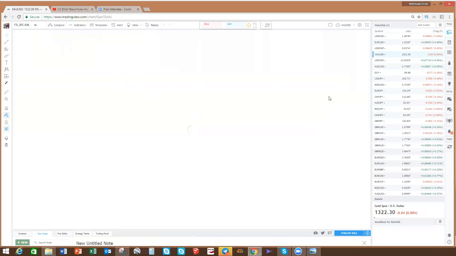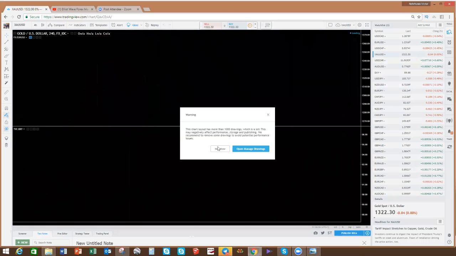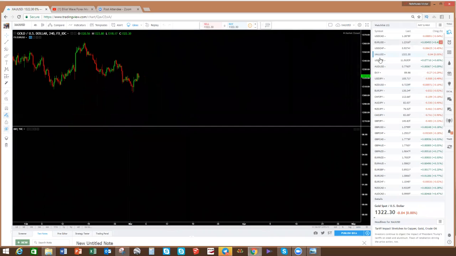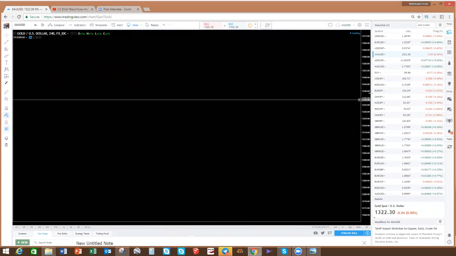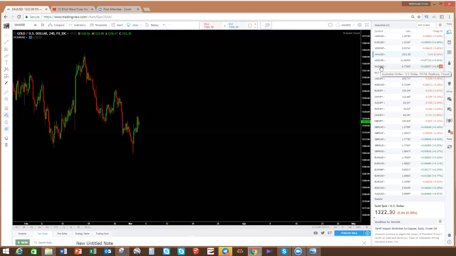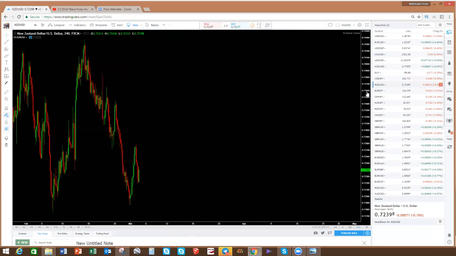That's New Zealand US dollar. I'm going to take off the dollar index here. All right, so let's look at New Zealand US dollar.